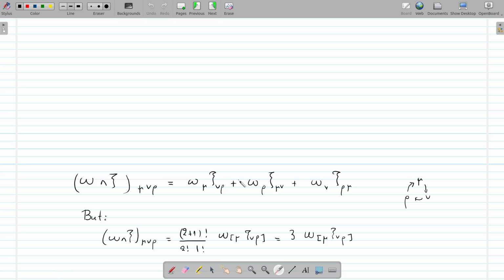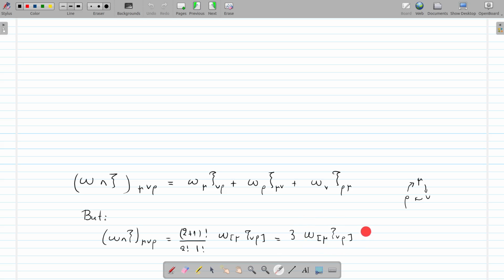Okay, so let's see why this is true. From the formula for the components of the wedge product, we have this equation here. Now this is 3 factorial divided by 2 factorial. It gives a 3 factorial here.